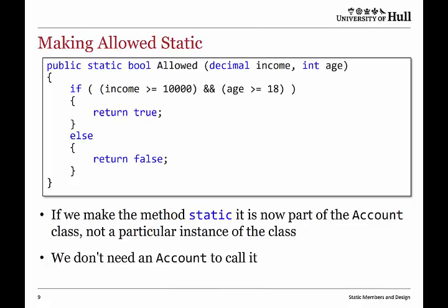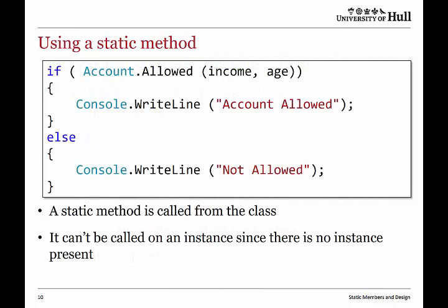If you're thinking, okay, this means it's a way I can build into my class behaviours that are always there and I can use at any time, then I'm starting to quite like that as a concept. Does that make sense? So anything which your class has to do without needing to have an instance around, I like that. So that's kind of the context in which you use these things.